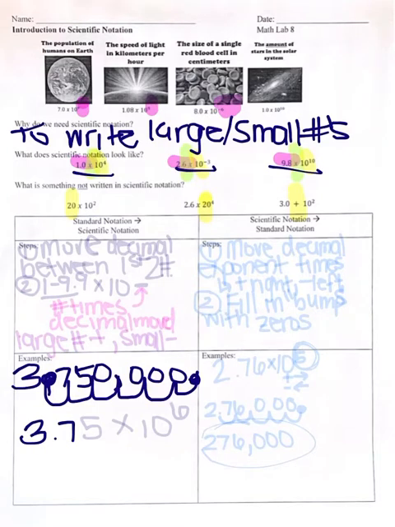We always have a multiplication sign in the middle, a 10, and then to get that exponent, what we need to do is count how many times we move that decimal over. So notice how we have 1, 2, 3, 4, 5, 6 little bumps. So the exponent's going to be 6. If it's a really big number, that exponent's going to be positive.